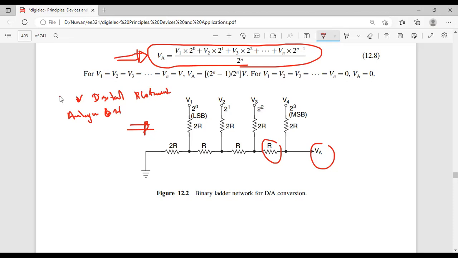But if someone tries to derive it, I will give some marks. It will not much affect your final marks, it will be a few marks. So if you have time, try to derive. If I ask you to derive the expression, try to derive it.